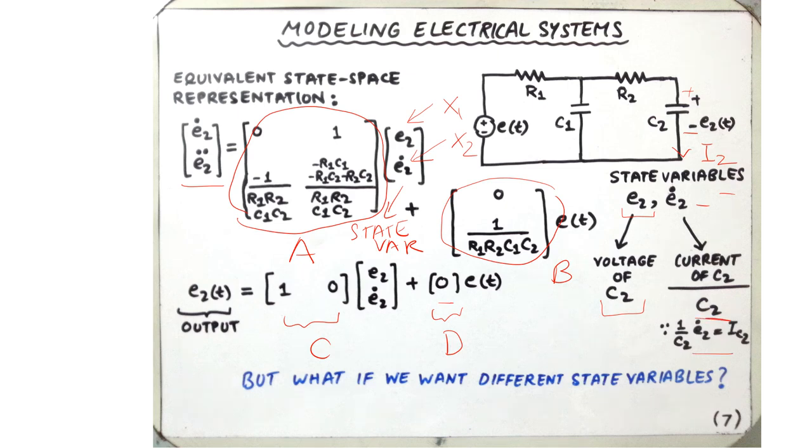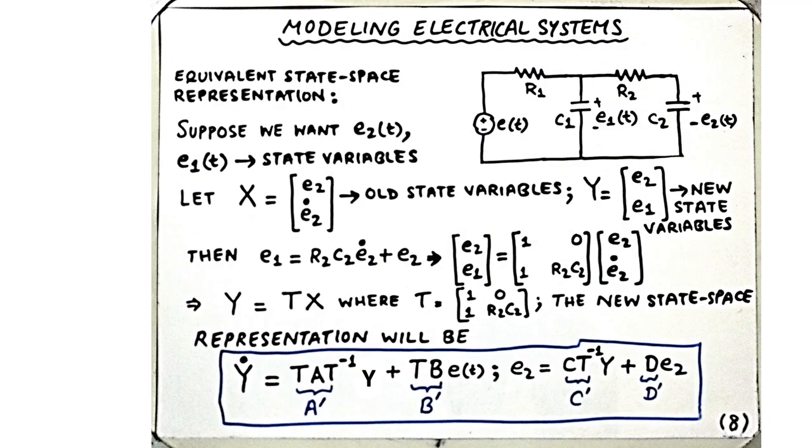However, what if I want a state space representation using a different set of state variables? The migration from one state space representation to another is very helpful in the simulation of electrical circuits. That's because the user may be interested in the voltage across capacitor C2, but not its current, rather in the voltage of the other capacitor C1.